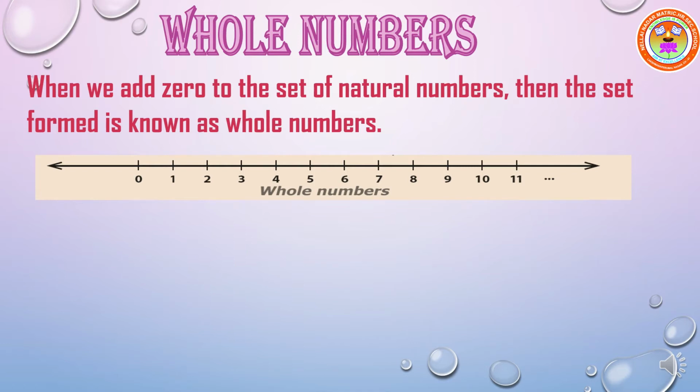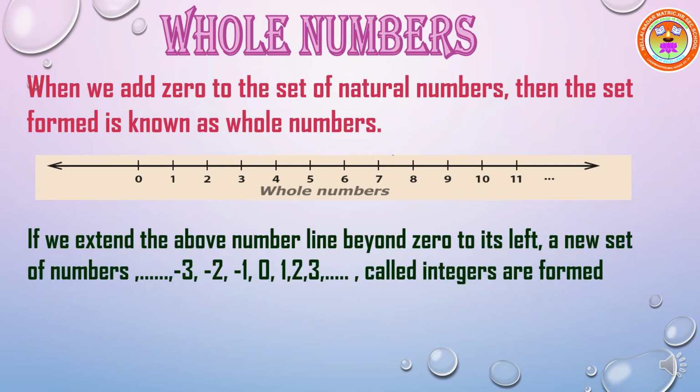Now, if we extend the above number line beyond 0 to its left, a new set of numbers -3, -2, -1, 0, 1, 2, 3, etc. called integers are formed. So what we are doing?